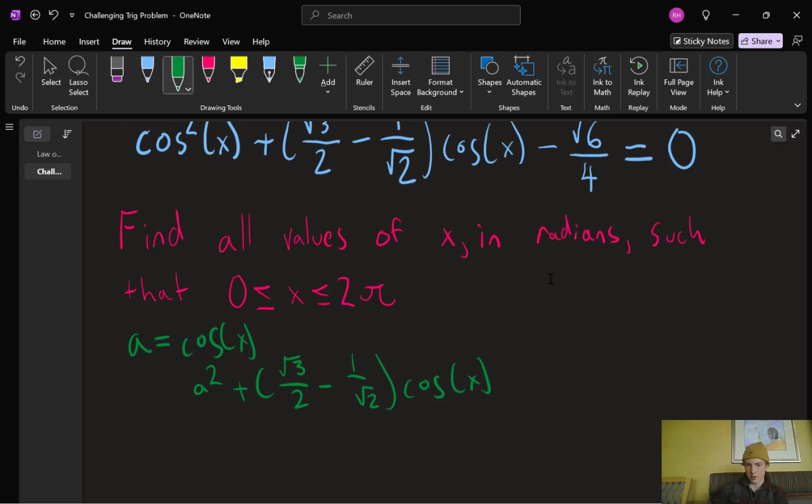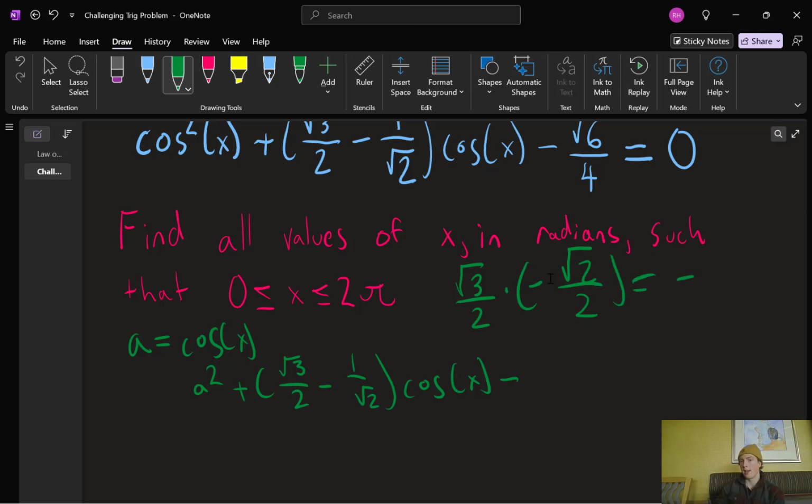And for ease, I'll just simplify this. Square root 6 over 4 is actually just square root 3 over 2 times 1 over square root 2. I'll prove that right now by multiplying them together. To identify this, you would have tried to play around with the numbers and maybe multiply it out yourself. 1 over square root 2 is also square root 2 over 2 if you multiply the numerator and the denominator by square root 2.